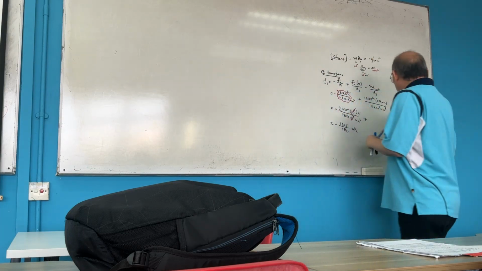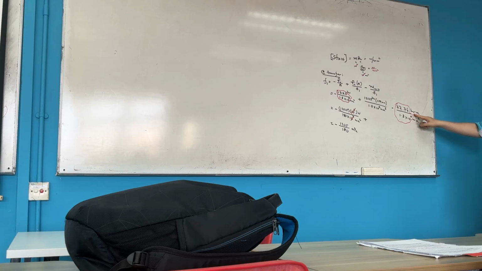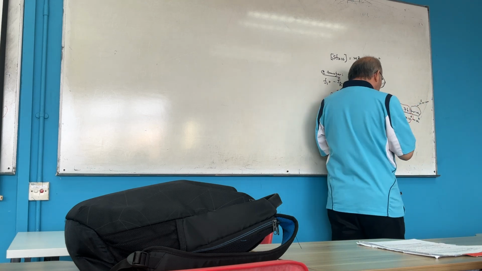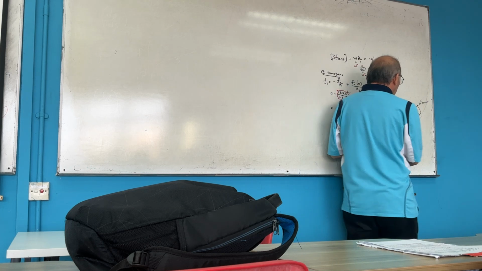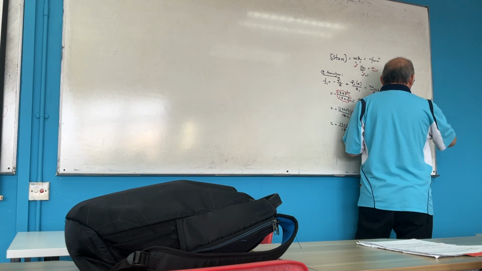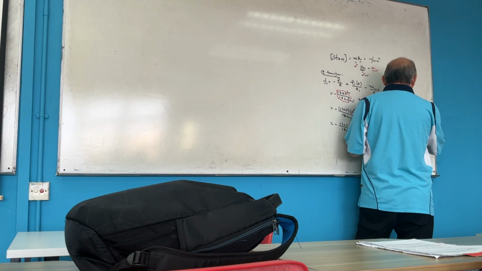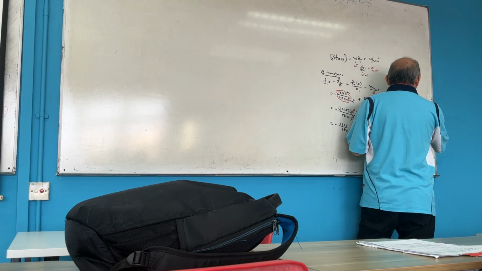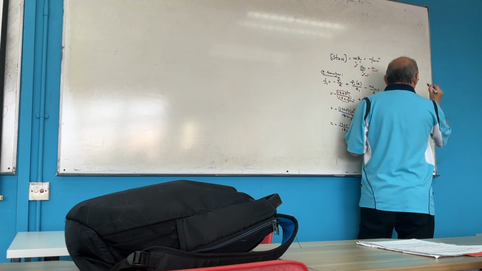Okay, let's look at the third term first. Third term here, kilonewton meter, I change it to 10 to the 6 Newton millimeter. Understand? Why do I do that? Because this one here is originally kilonewton meter, right?